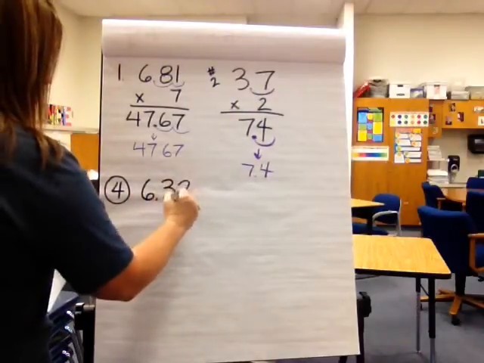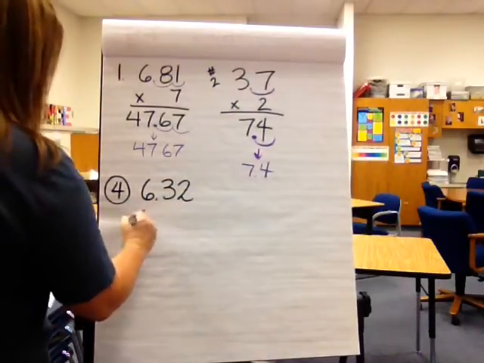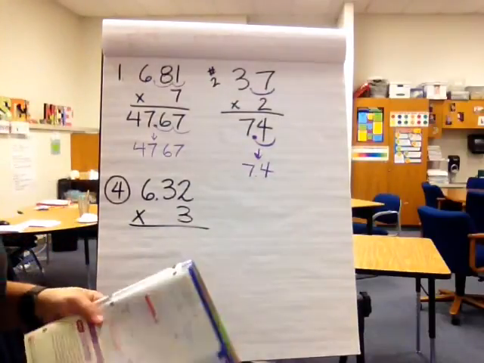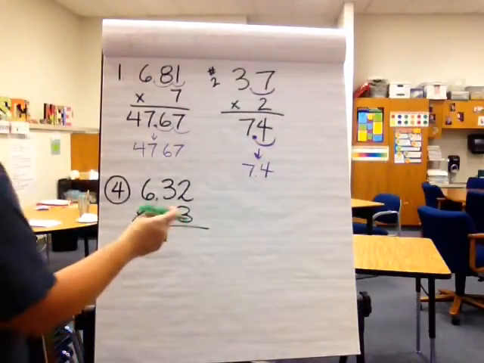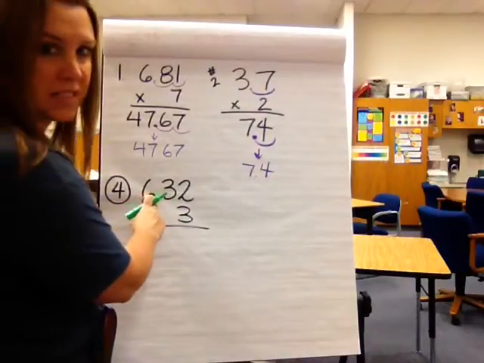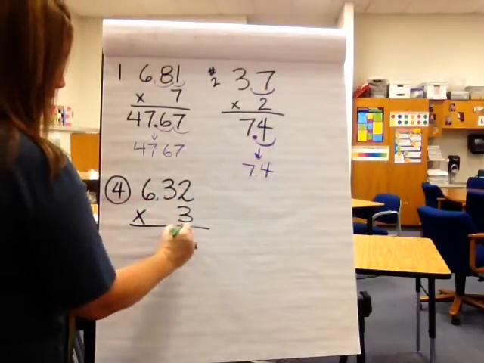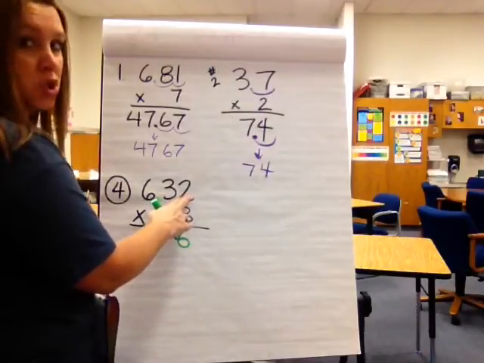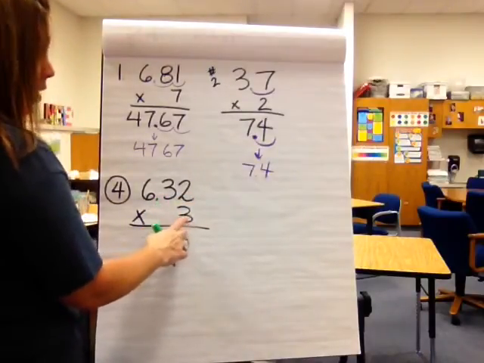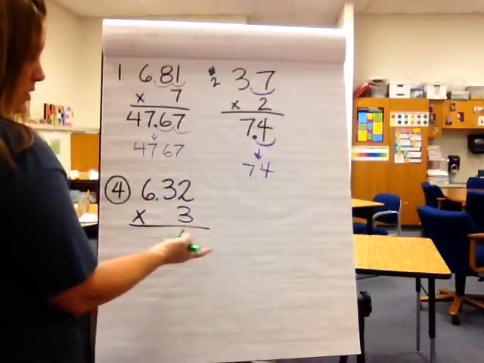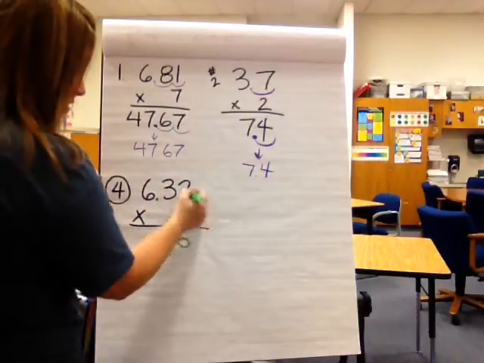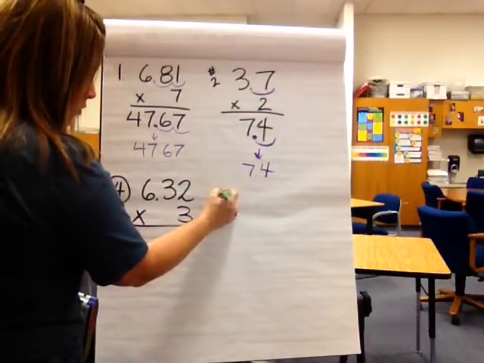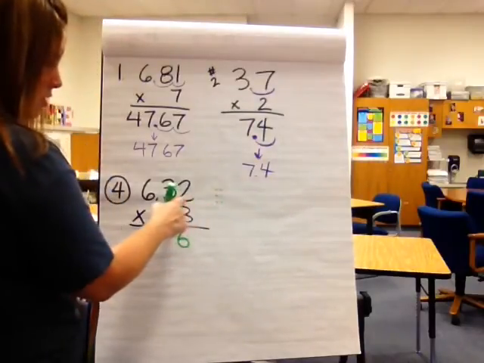All right, let's go ahead and skip down to question number 4. 6 and 32 hundredths times 3. Again, regular multiplication, just being cognizant of your decimals at the end. You only worry about decimals at the end. 3 times 2 is 6. Again, this is really 3 times 2 hundredths is 6 hundredths. Just like 2 hundredths, 2 hundredths, 2 hundredths, 3 times.